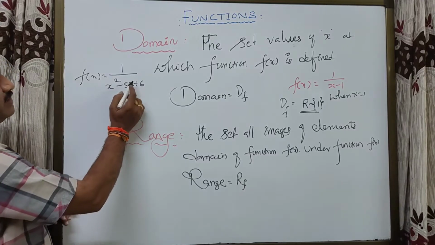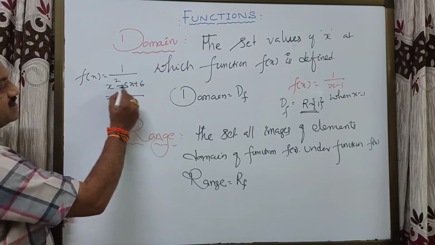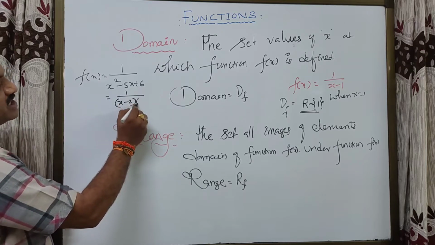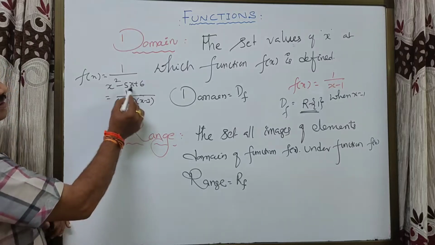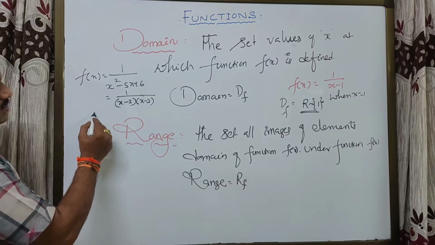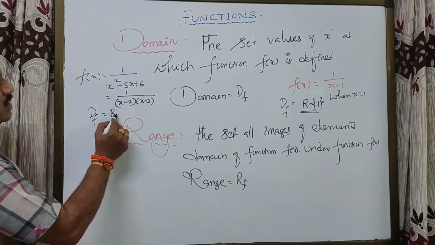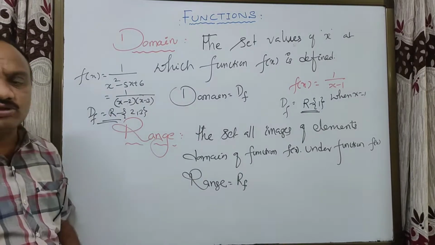It is undefined when the denominator is equal to 0. We can factorize this as x minus 2 into x minus 3. So this fraction is undefined when x equal to 2 and x equal to 3. So the domain is R minus {2, 3}. Like this, we can find the domain of the function.